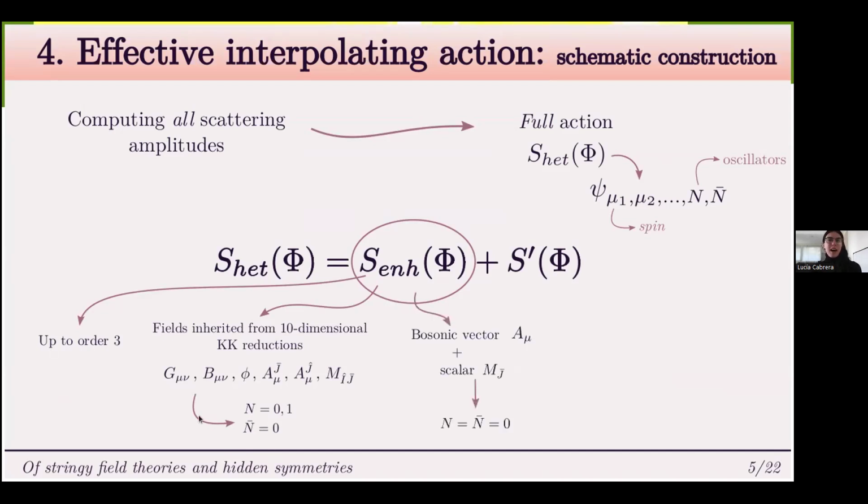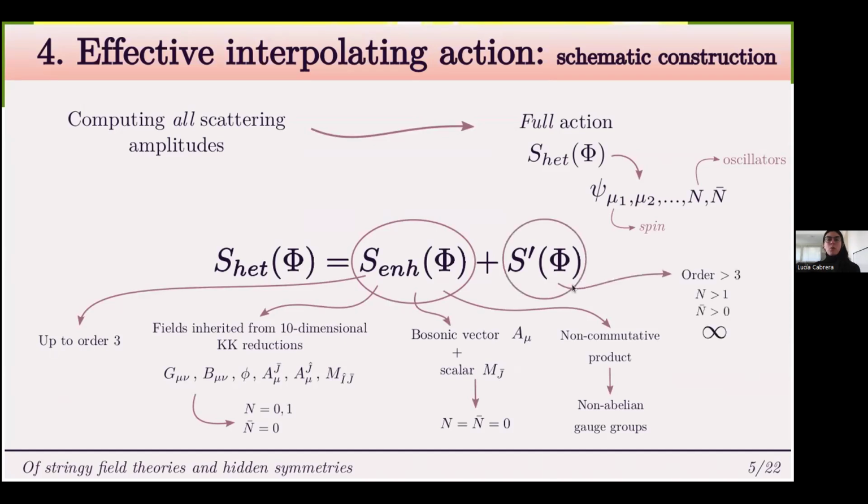Then we will also have to add by hand another vector and a scalar, which will both have 0 oscillator number. And we will also need to add a non-commutative product. This will allow us to have non-abelian gauge groups, because otherwise the heterotic string compactified on a torus only gives us abelian gauge groups.